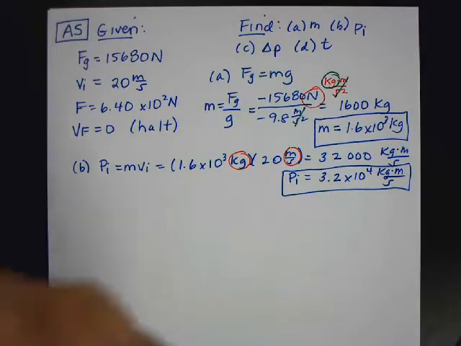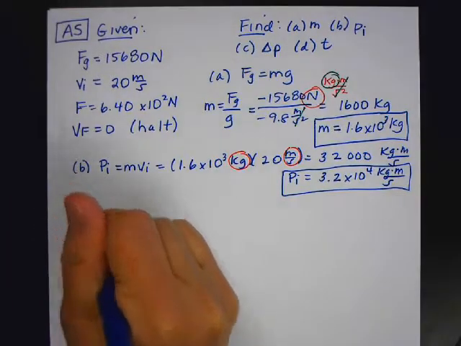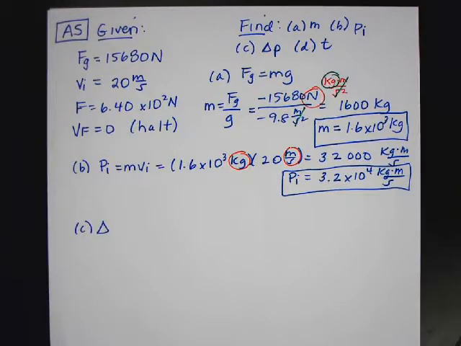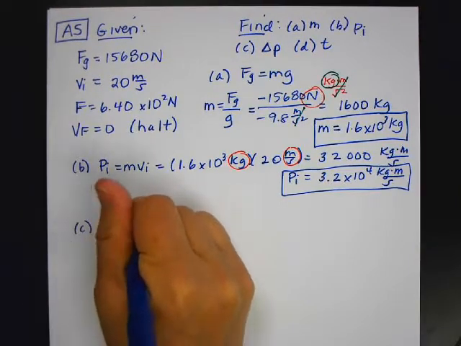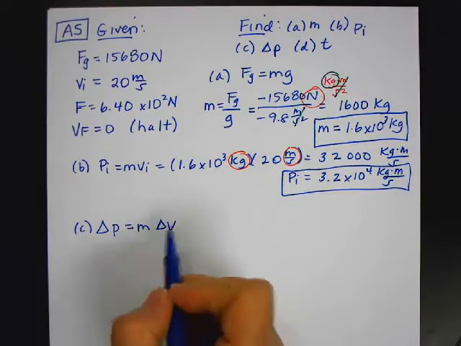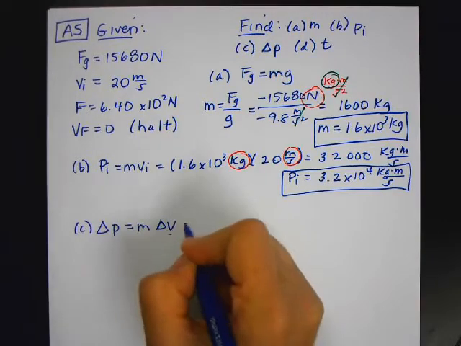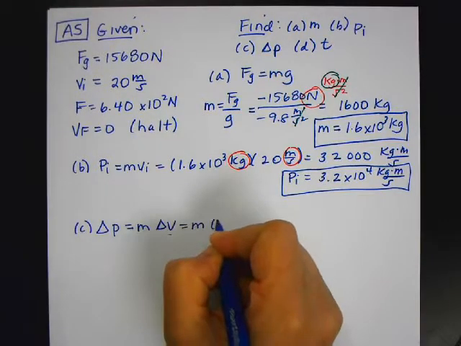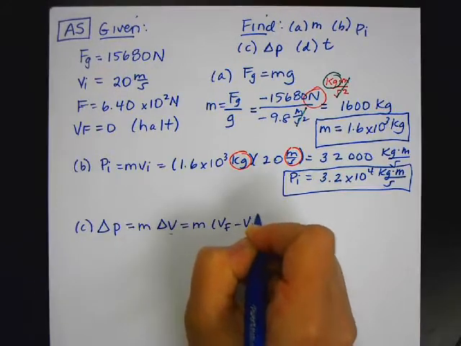Part C says find the change in momentum. So change is delta. So delta P is going to be m delta V. So what I'm going to do is stretch this out. So it's going to be m times VF minus VI.